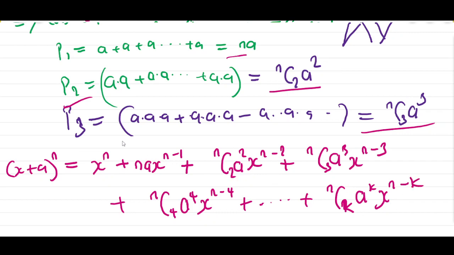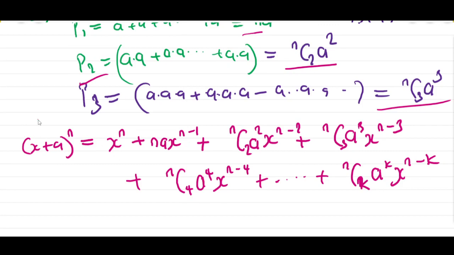So this particular expression we've written out here is what we call the binomial theorem, because in a binomial we have x plus a, two terms being expanded. So the expansion follows this pattern. Here we have n choose 2 and n choose 3.